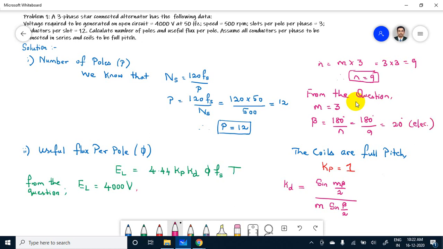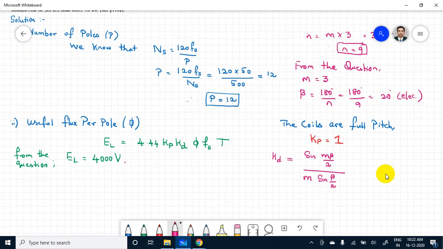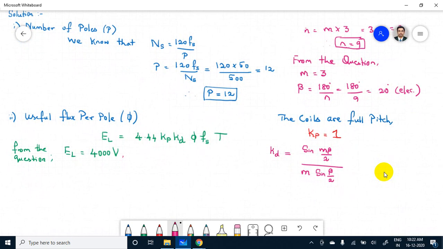Okay, electrical. Now substitute all the parameters in our KD equation. Sine of m value 3 into beta 20 degree divided by 2, whole divided by 3 into sine 20 degree divided by 2.